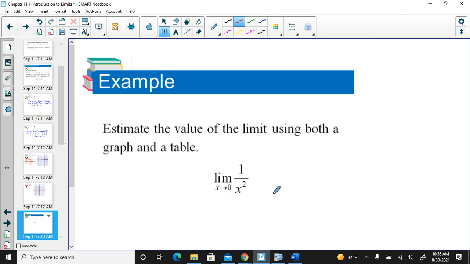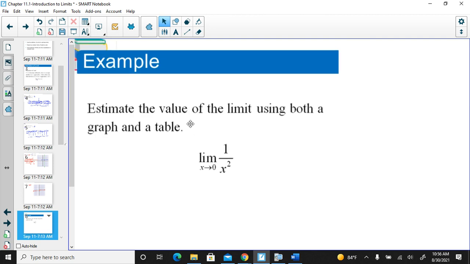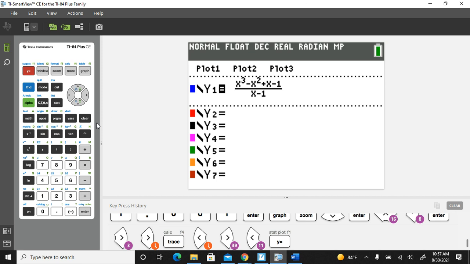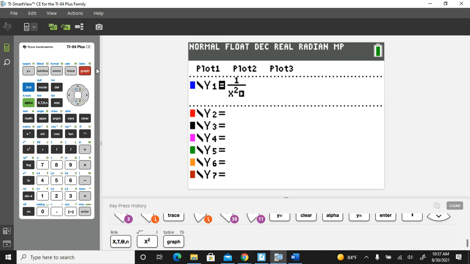Okay, so now we're going to look at this one. All right, and just to kind of cheat, we're just going to look at this graphically. We can easily graph this in our graphing calculator. So just 1 over x squared. Right?